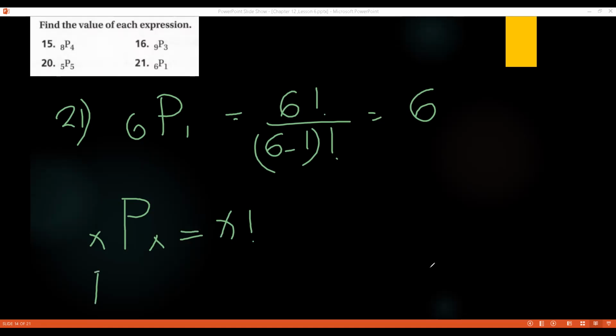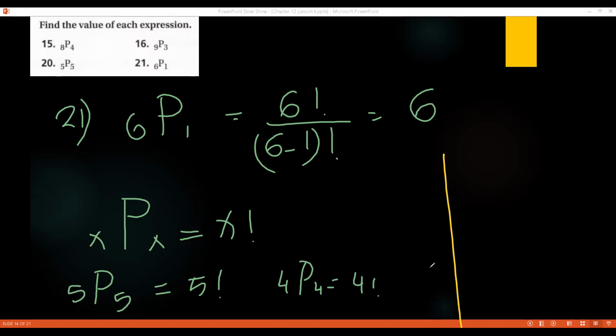As we did here, 5 from 5 will be 5 factorial. Permutation of 4 from 4 will be 4 factorial. And if you have permutation of 1 from x, it will be equal to x.